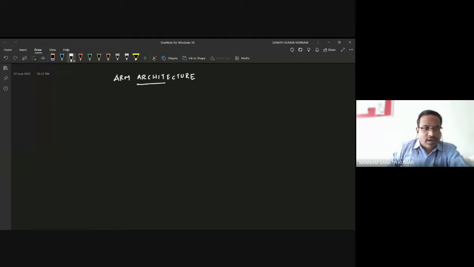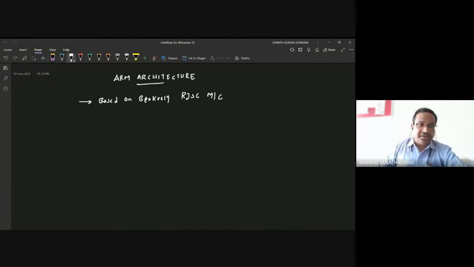ARM is based on the Berkeley RISC machine. Okay, so RISC, you know, as I told you, the difference between RISC and CISC. RISC is nothing but a reduced instruction set computer.